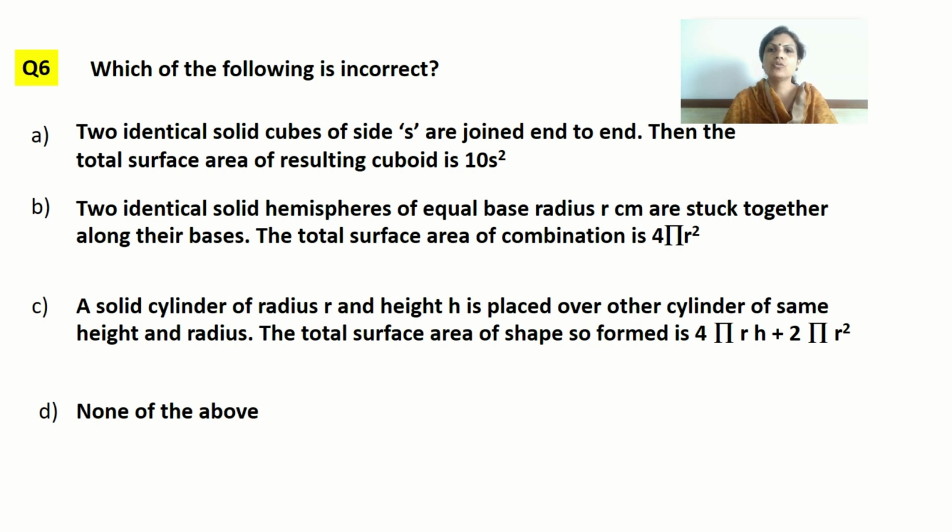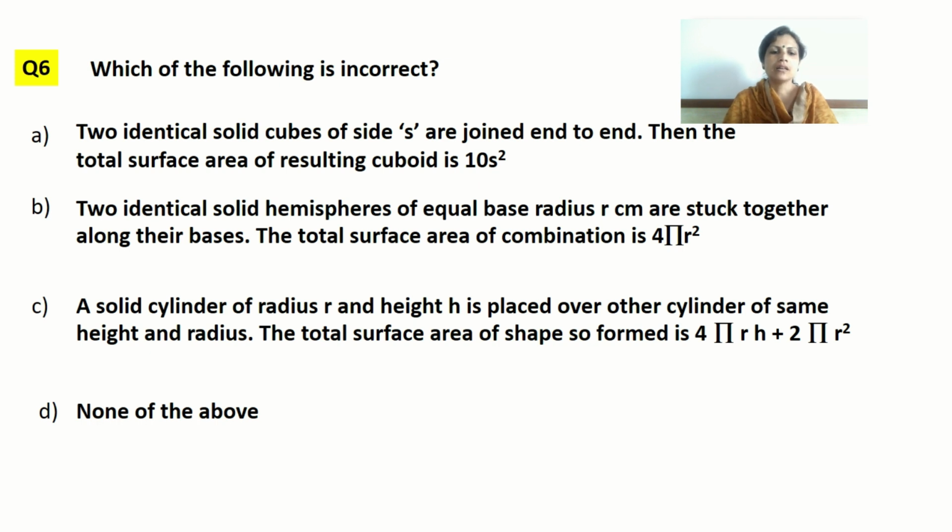Second is, two identical solid hemispheres of equal base radius r centimeter are stuck together along their bases. The total surface area of the combination is 4 pi r square. This is also correct. Two hemispheres joined together form a sphere and its surface area is 4 pi r square.